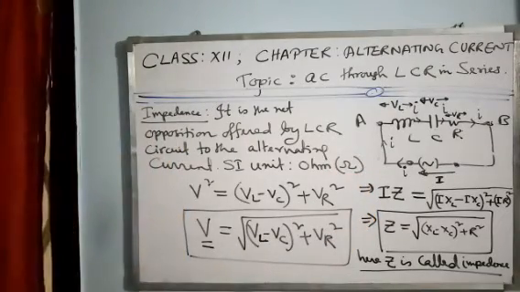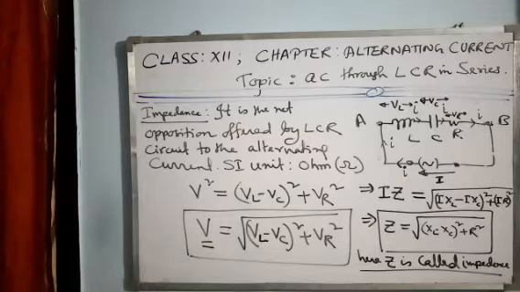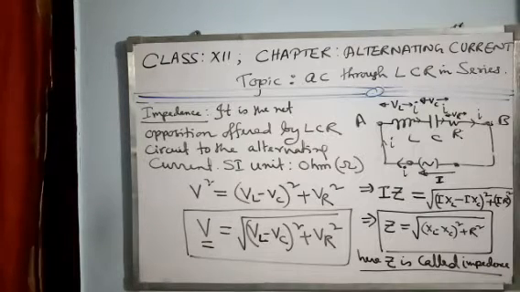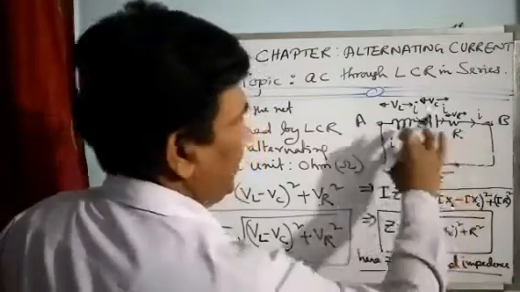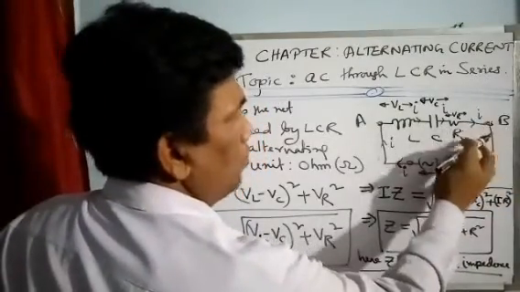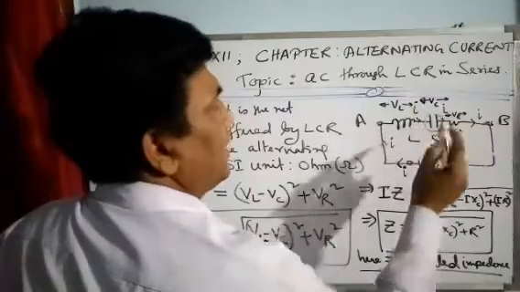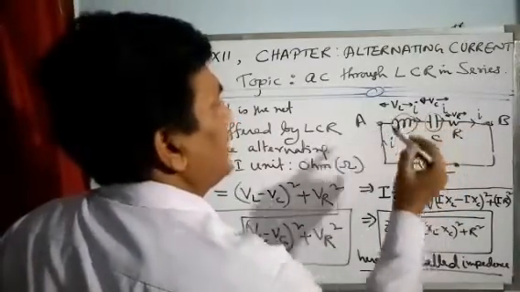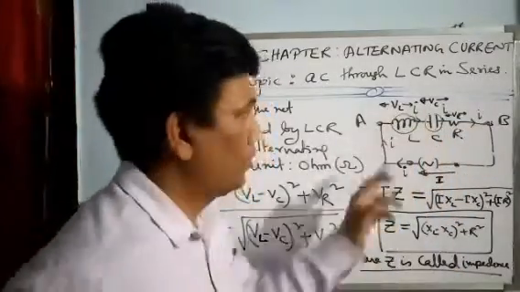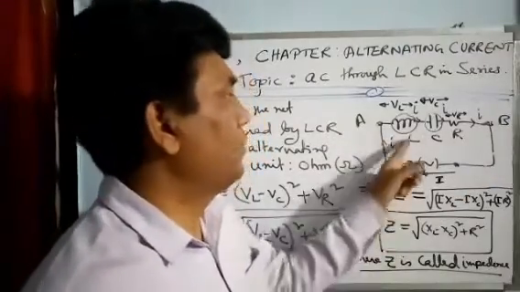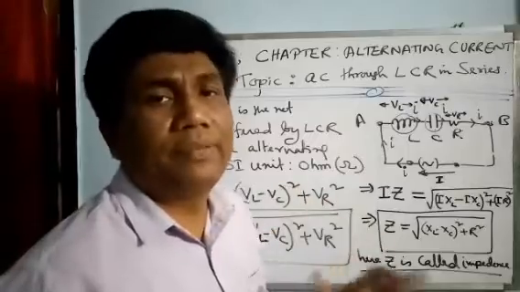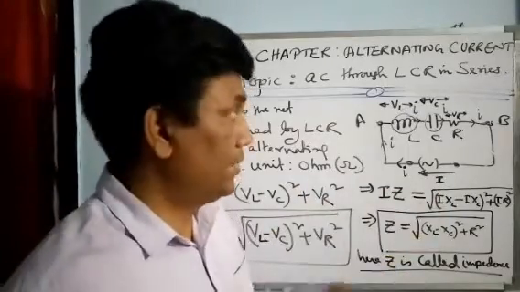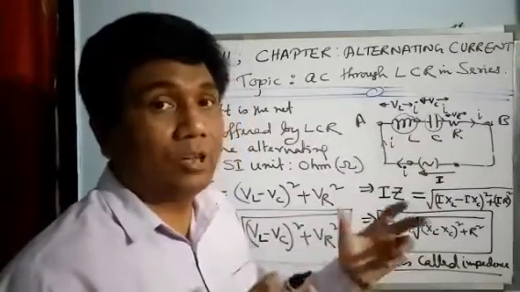Okay guys, two formulae we have found so that we can do numericals. Now you see, say in this circuit the value of resistance is 2 ohm, capacitive reactance is 3 ohm, inductive reactance is also 3 ohm. So what is the net resistance? 3 plus 3 plus 2? Wrong. Simple algebra is not valid in case of an AC circuit, because they keep on behaving like vector quantities.